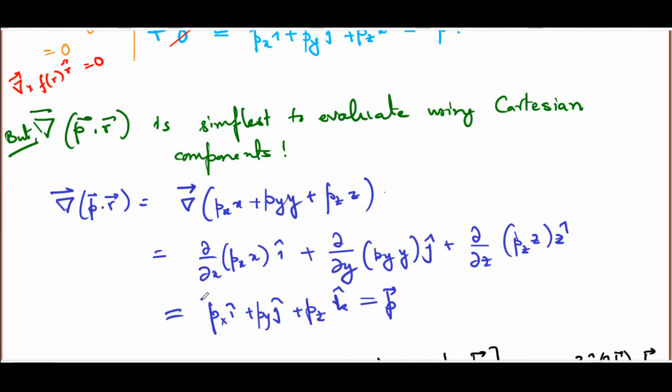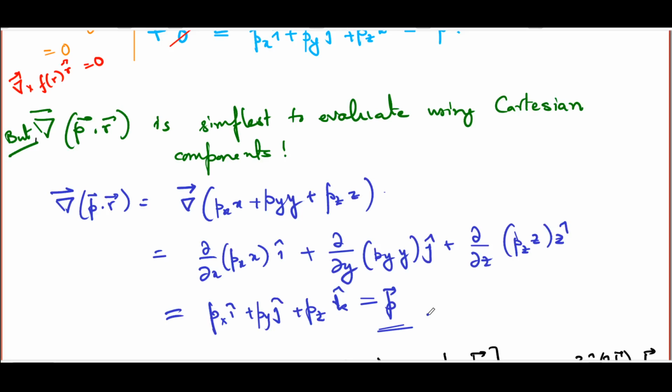So what you end up with is del x of this whole expression times i hat. But out of this whole expression, the only thing which has an x in it is px x. Similarly, the y component, the j hat coefficient, will be del y of this whole thing, but that's just del y of py y. And finally, the last term is del z of pz z times k hat. And this immediately gives us p vector back.